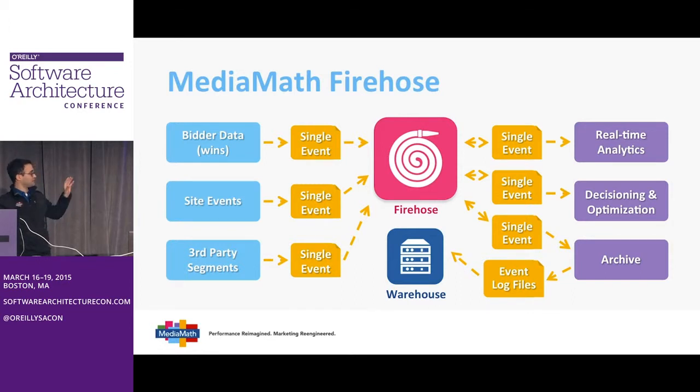So I'll jump into a lot of the blocks on here in depth as we go through the slides, but for now, what you're seeing here is really a stream processing flow where Firehose ultimately is collecting different events, so things that are happening online that we're collecting. It's streaming all of those to different consumers of that data. So one example of a consumer might be our data management layer that's trying to figure out what our users are doing right this second and targeting them.